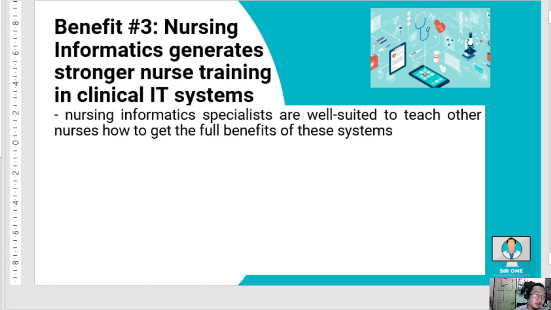And also, for example, nursing care plans. So instead of manually reading your books, don't get me wrong, that's important, but of course, as I have discussed in my previous videos, nursing informatics is for automation also.